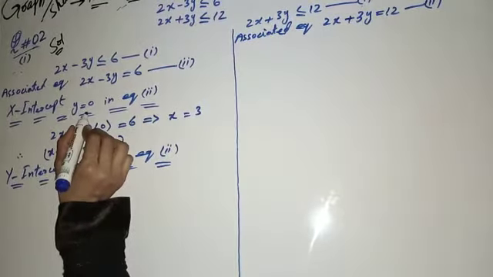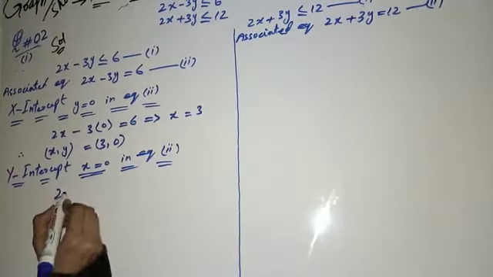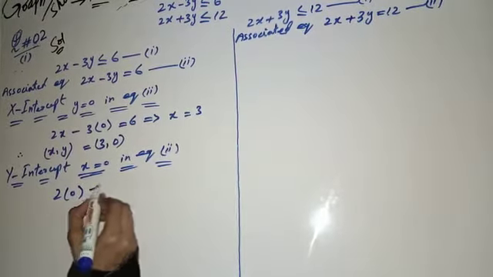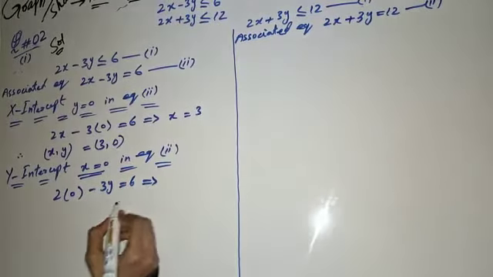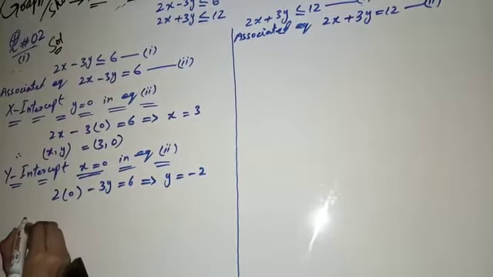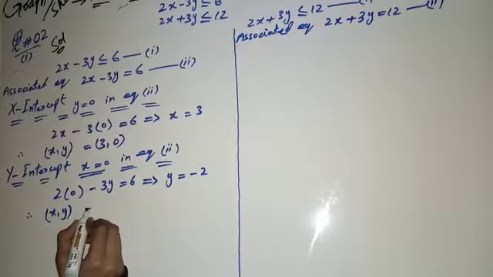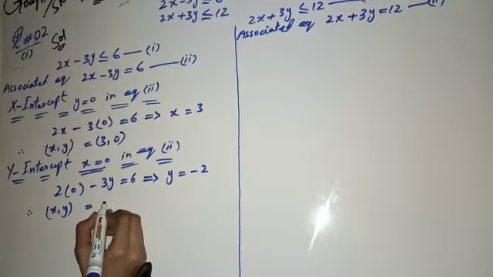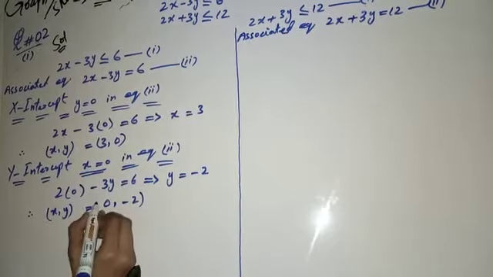When we put y equal to 0, this is known as the equation of the x-axis. In place of x, 0, minus 3y is equal to 6. This gives us the value of y equal to minus 2. Hence, this is another point on this given linear inequality expression, having values 0 and minus 2.